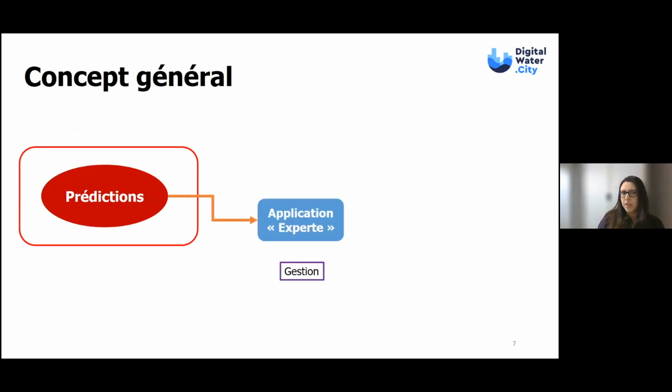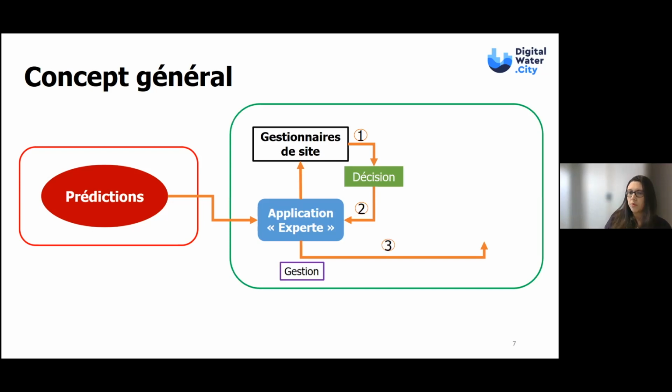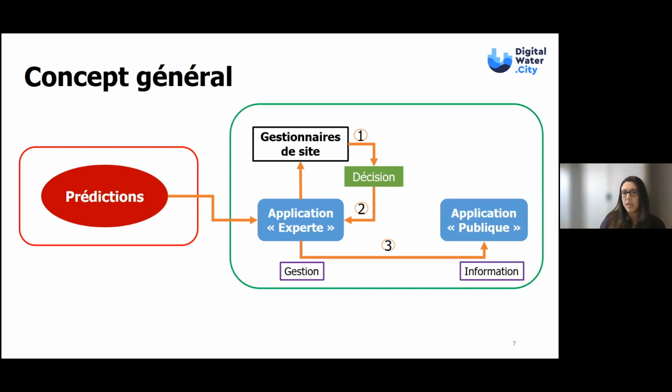Then the forecast, in addition to additional information, will be sent to the first application called the expert application, which is the management interface that will regroup all the information needed by the managers to make the decision. Does it open or not the bathing site? Once the decision is made, this is collected by the public application, and we will inform the citizens about the status of the bathing site.